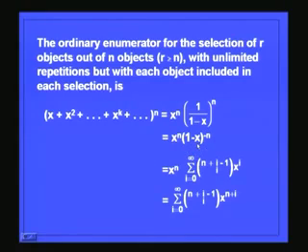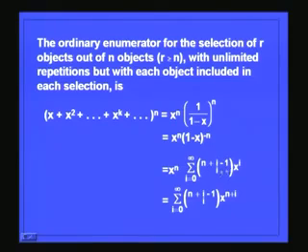This is the way you expand (1 minus x) to the power of minus n. So, this will be sigma i equals 0 to infinity C(n+i-1, i) x power n plus i.